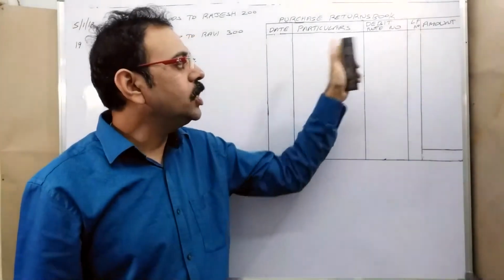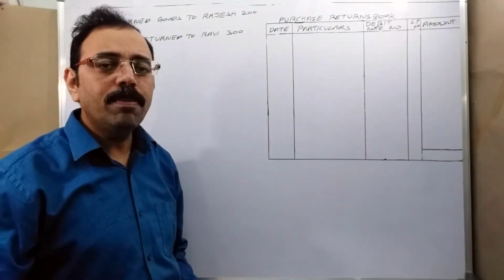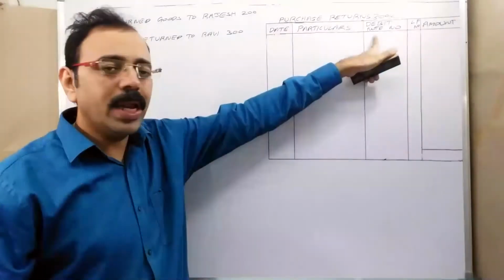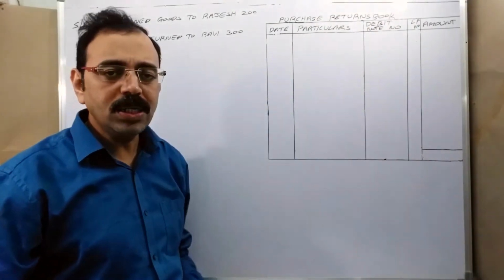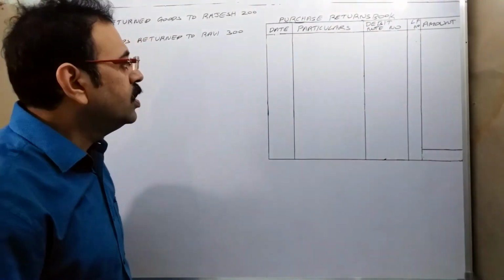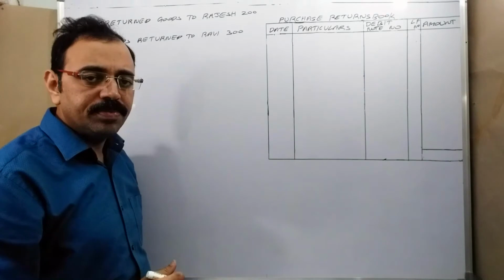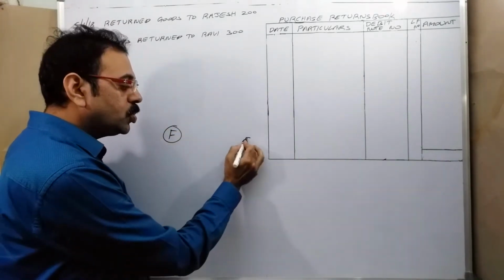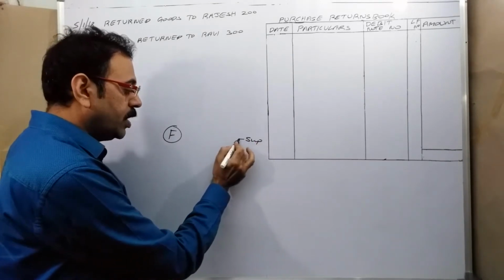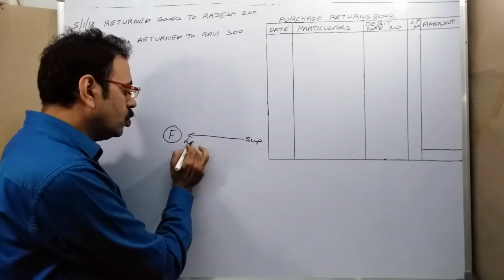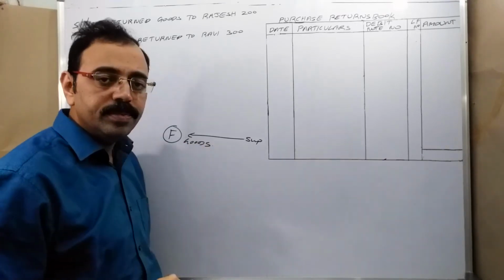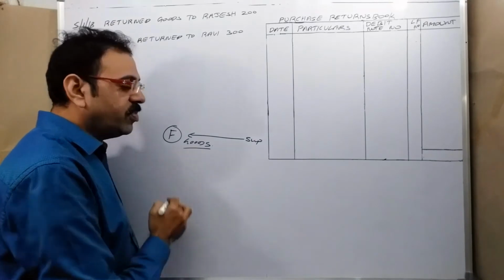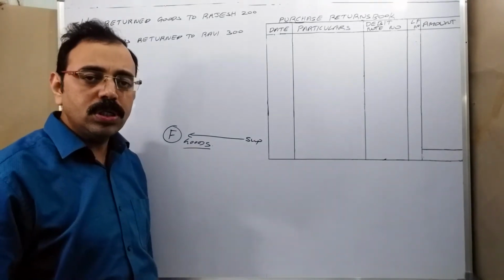Now purchase returns book. Next problem is about the purchase returns book. See, except the debit note number column, the remaining columns are the same. Then, which returns should we record here? Running a firm, we purchased goods from one supplier, so goods are coming. Clear? And we are not satisfied with the quality of goods.